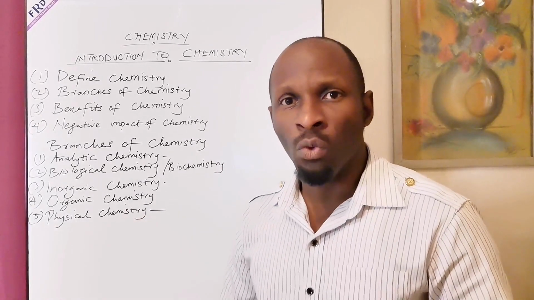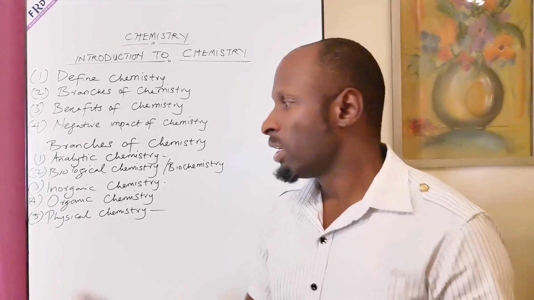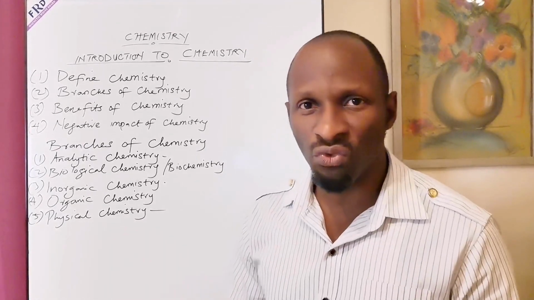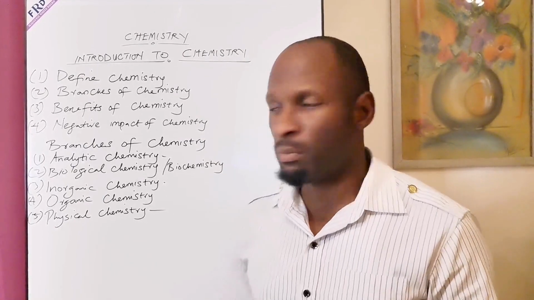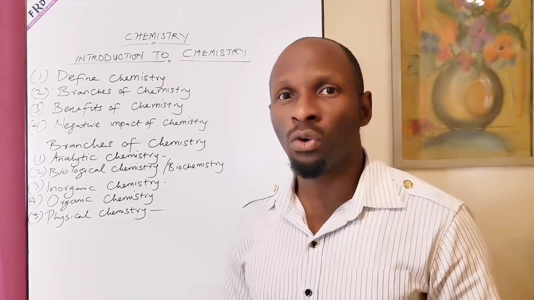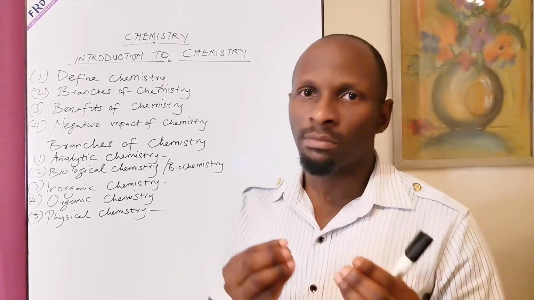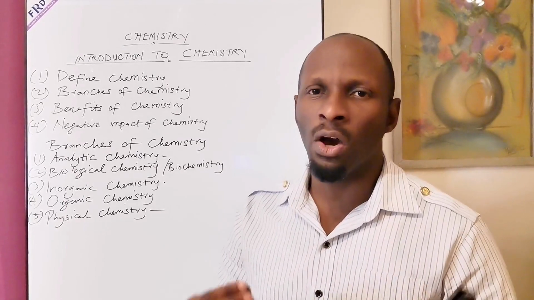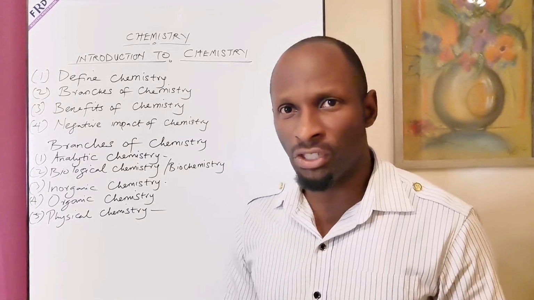Physical chemistry. When we talk about oxidation and reduction, that is redox reaction, it falls under physical chemistry. When we talk about chemical equilibrium, it falls under what? Physical chemistry. Physical chemistry deals with what? The physical properties or behaviors of different chemical species.